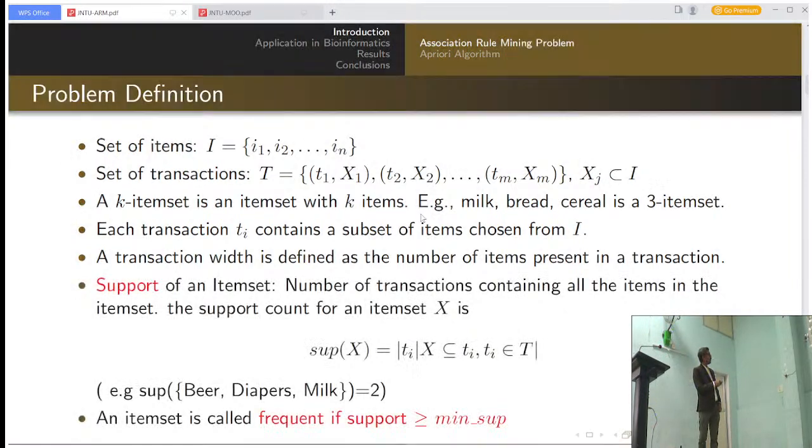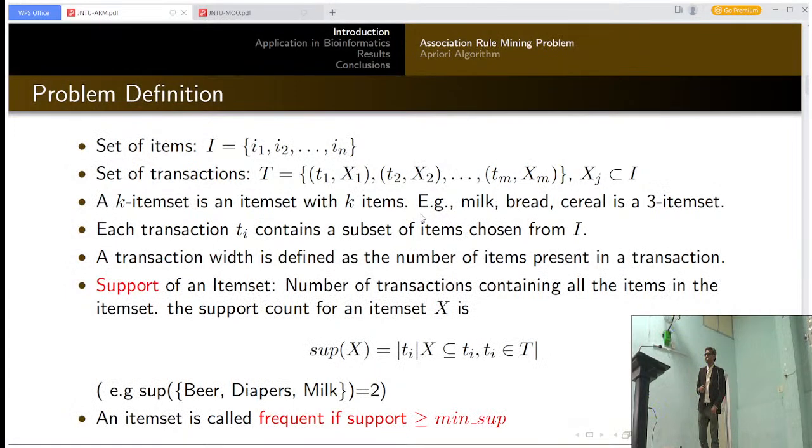Now, we define the support of an item set. So support of an item set is the number of transactions containing all the items in the item set. That means given an item set X, support of X is defined as the number of transactions Ti such that X is contained in Ti.